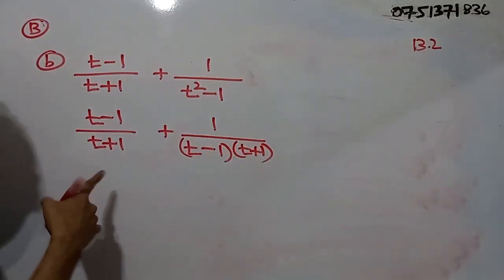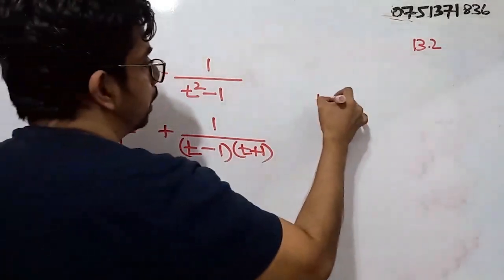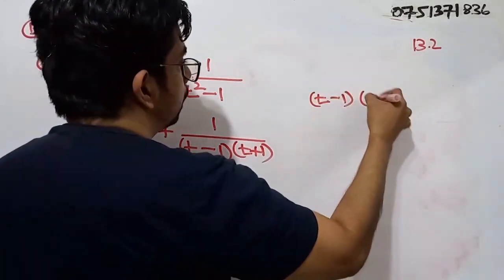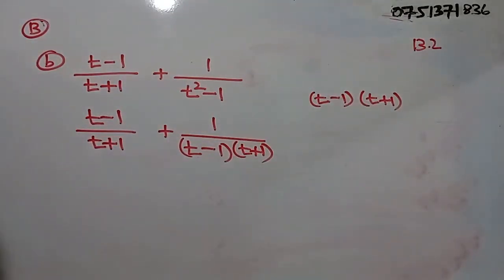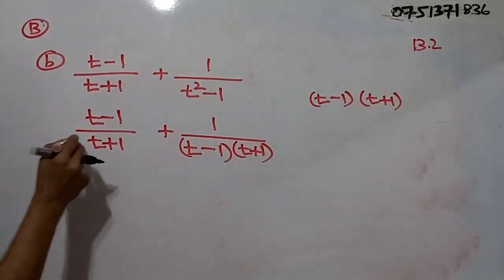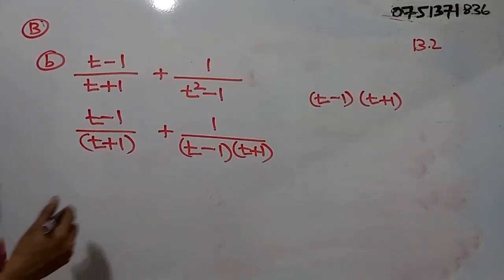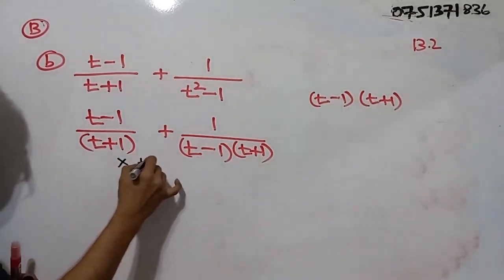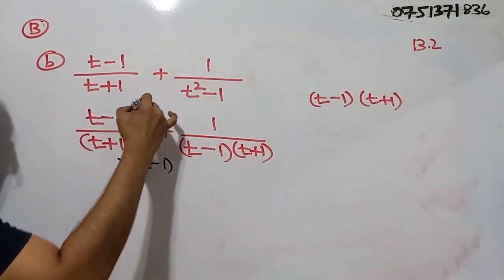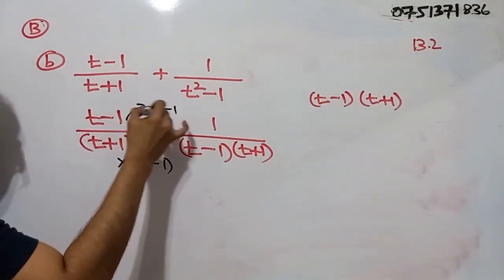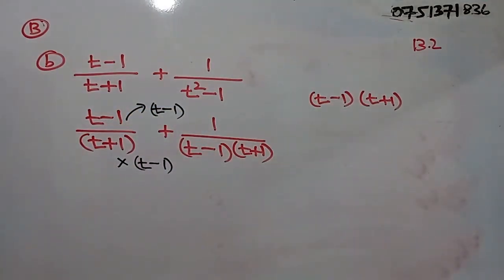So what's the least common denominator here? (t minus 1)(t plus 1). That means we have to multiply this term by t minus 1, so we need to multiply the above term by t minus 1 as well.